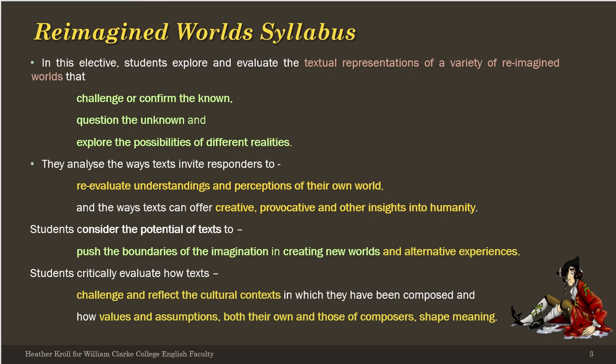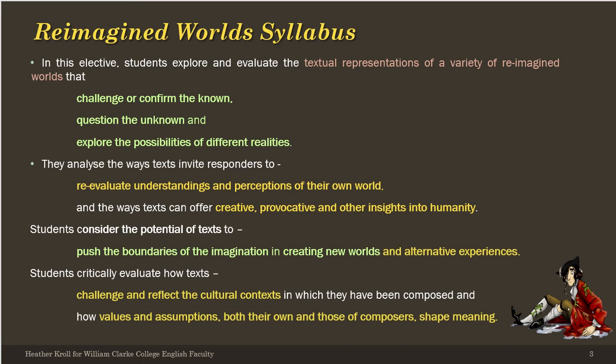Again, you'll recognise some of these aims as being very similar to Text and Human Experiences. So we're looking at insights into humanity, but how these insights challenge and reflect the cultural context of the authors, but also how they challenge us to reassess and reevaluate our known assumptions.